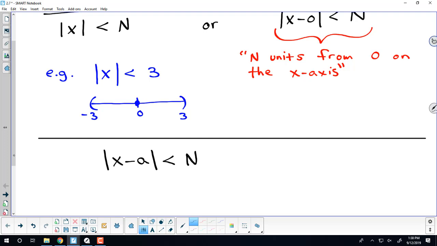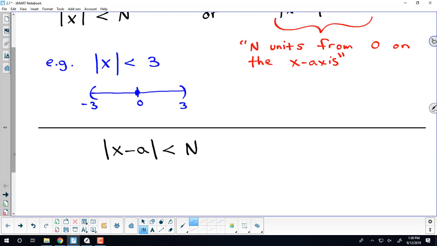So what is our interpretation for the absolute value of x minus a is less than some number? N units from a on the x-axis, right? Yeah, good. N units from a on the x-axis.